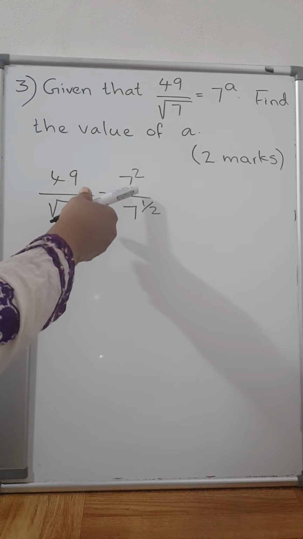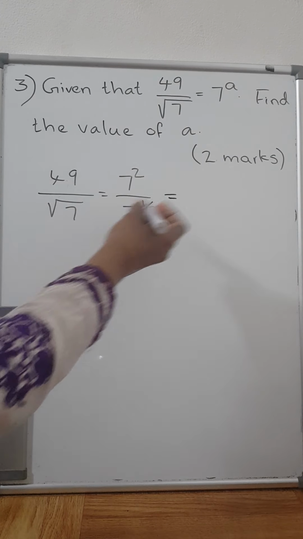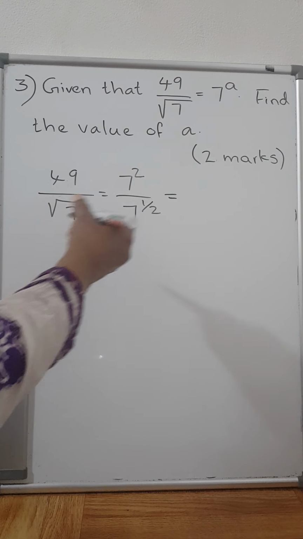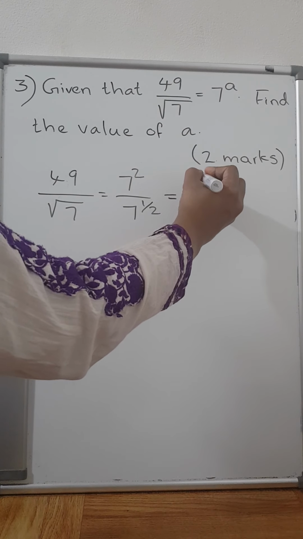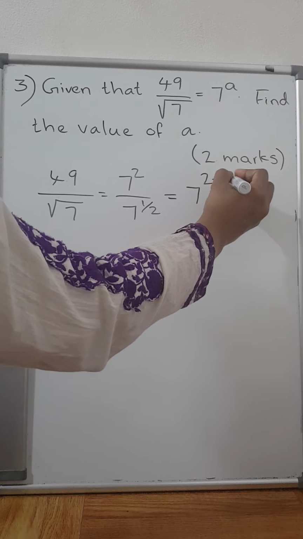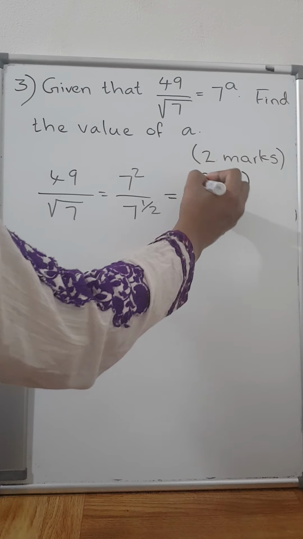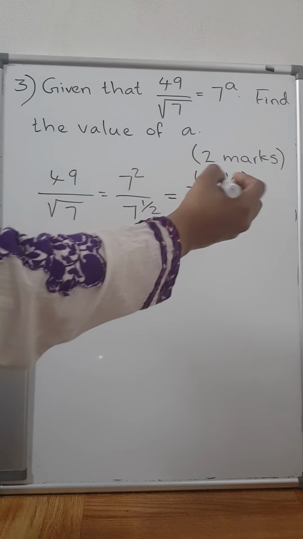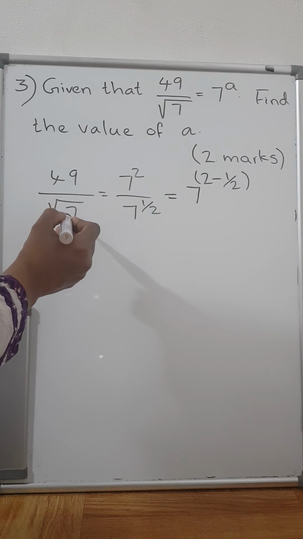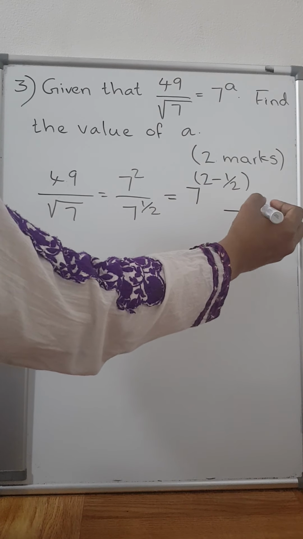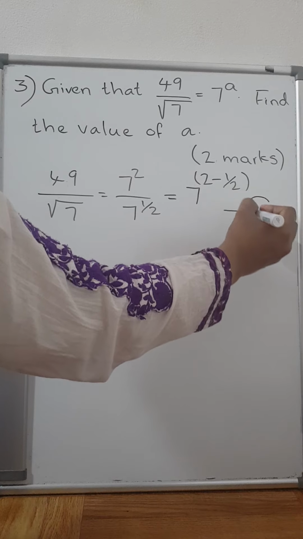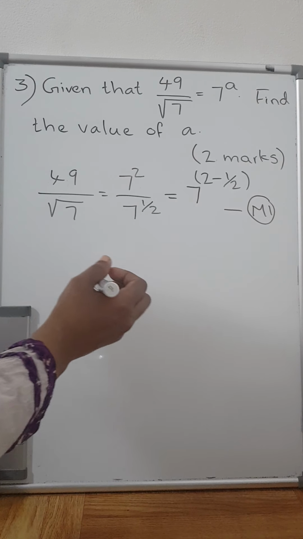Now you see, we can apply division law in indices here. 7 to the power 2 minus half. For writing 49 divided by square root of 7 as 7 to the power 2 minus half, we get 1 mark, the method mark.